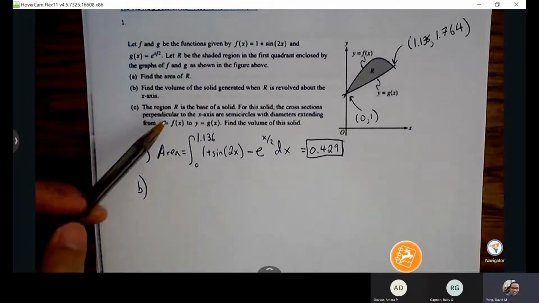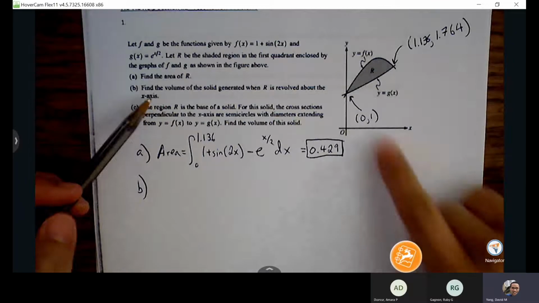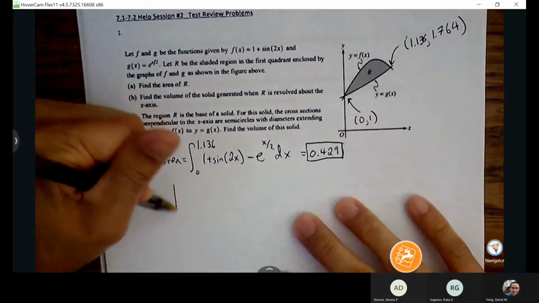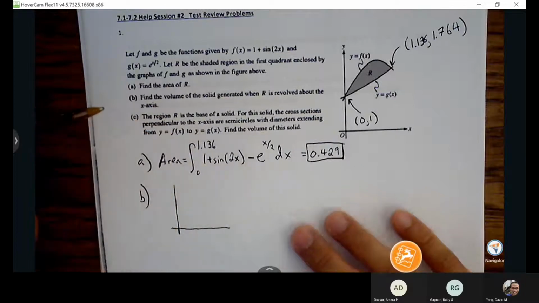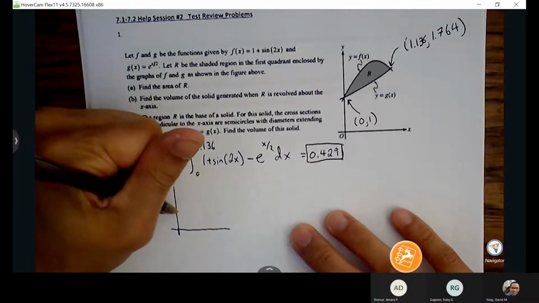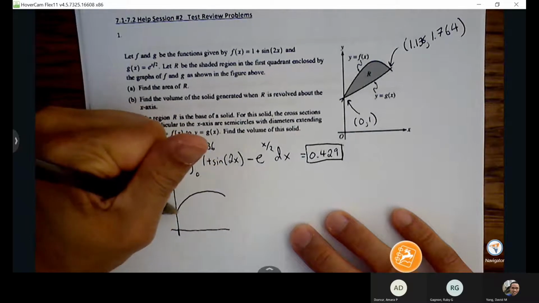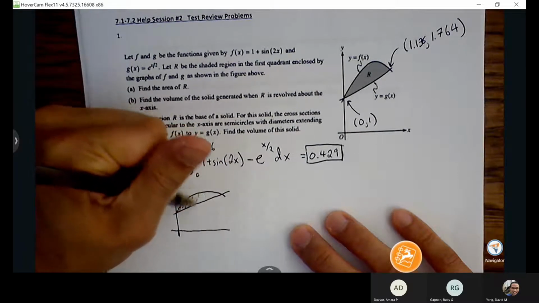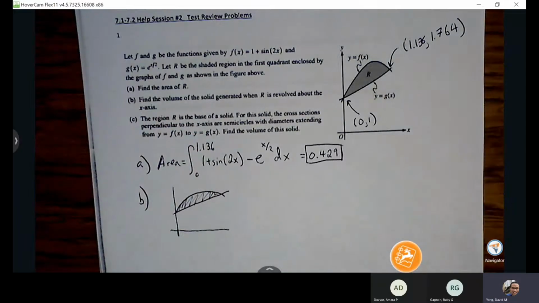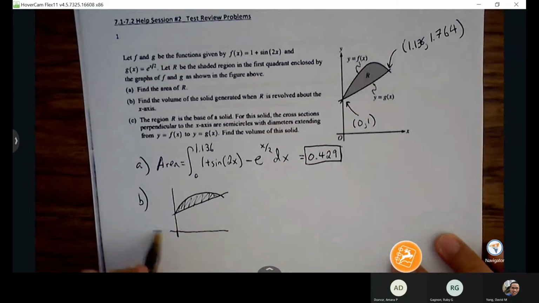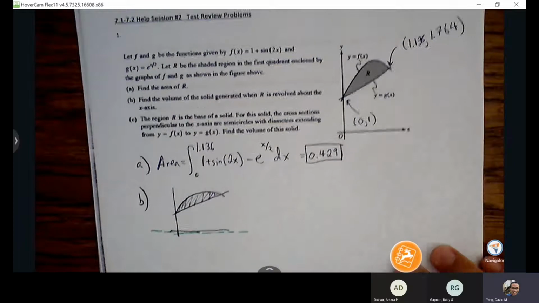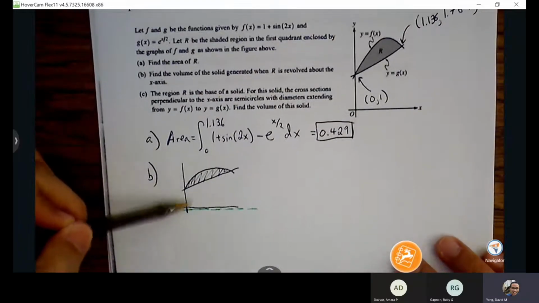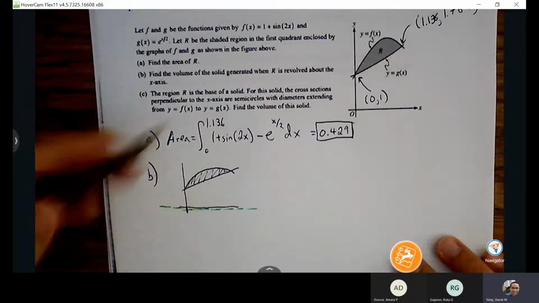Okay, find the volume of the solid generated when R is revolved about the x-axis. We can expect this to be washer method because this is not up against a flat surface.